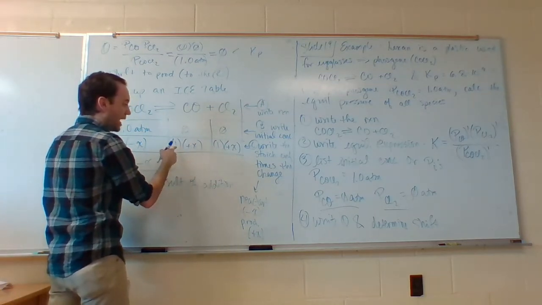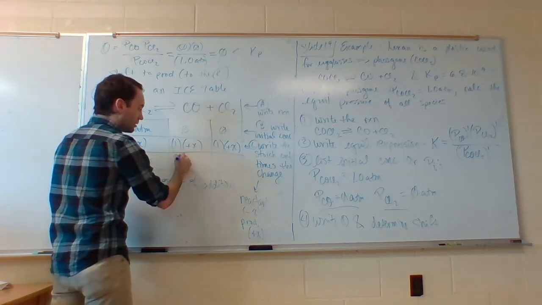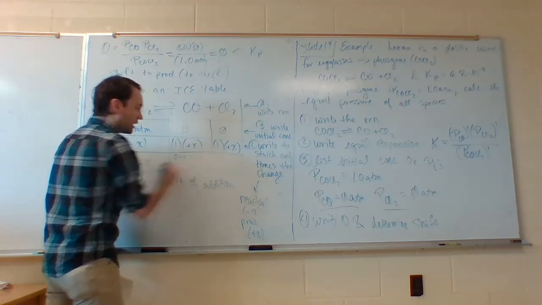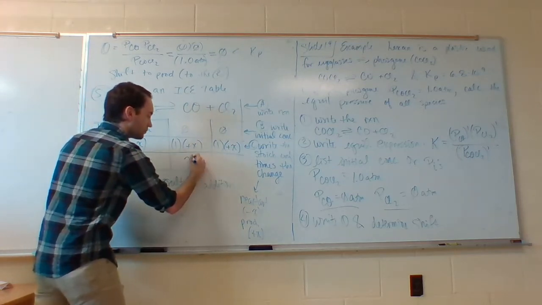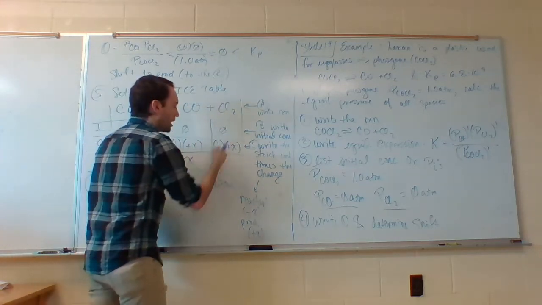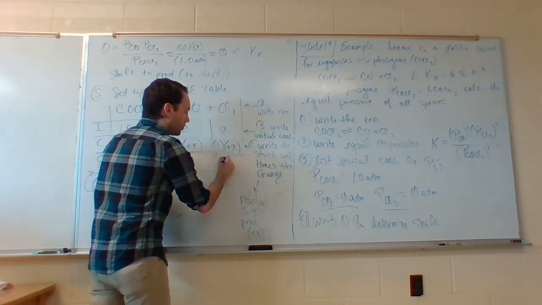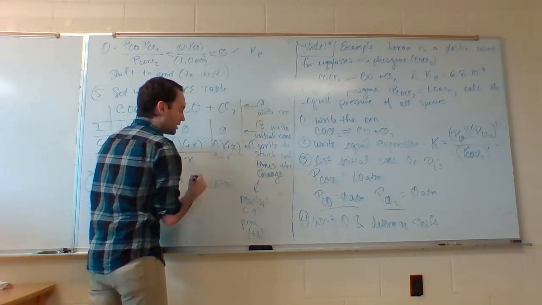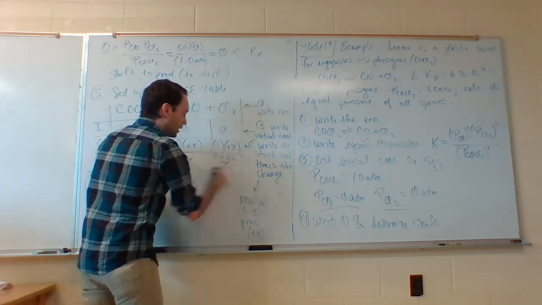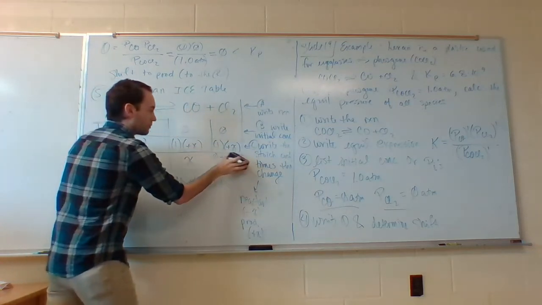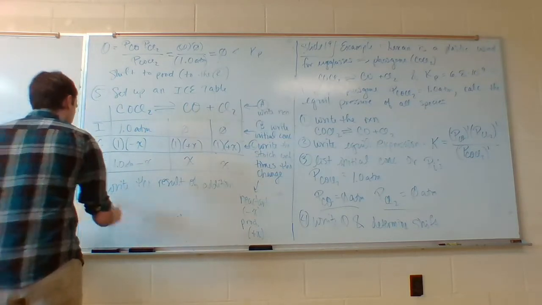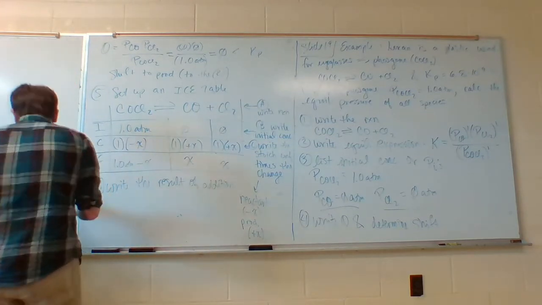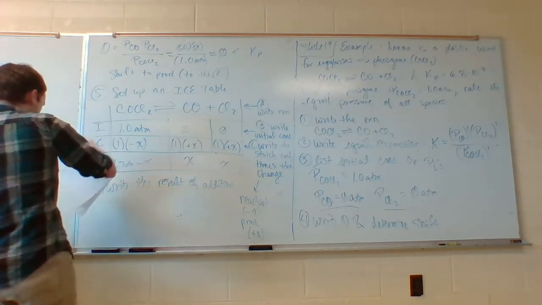And then I'm going to add positive x, which means that it's going to be x, all right? Same thing here. I take 0 plus 1 times x, which is equal to x, all right? Now, that's step 5.